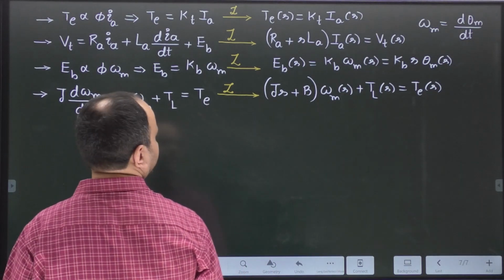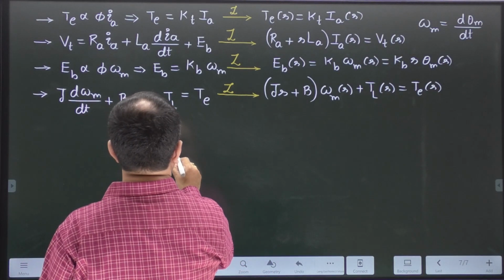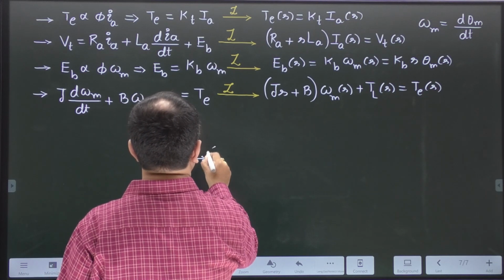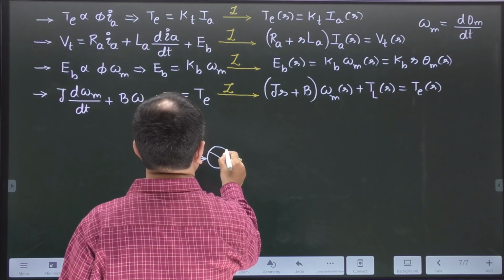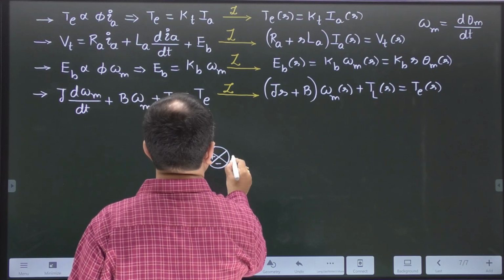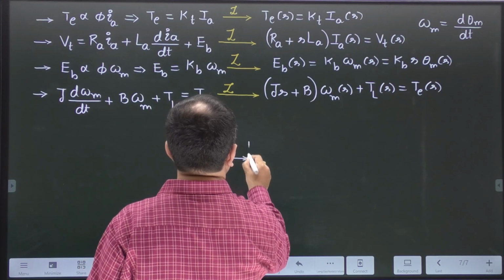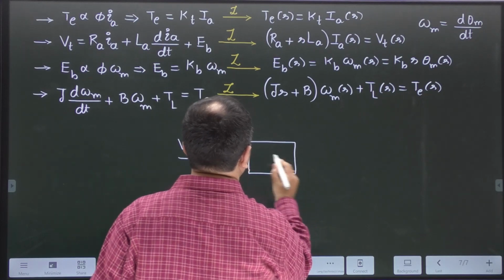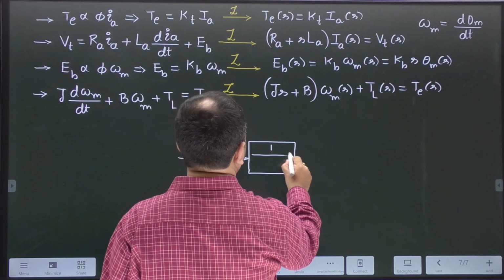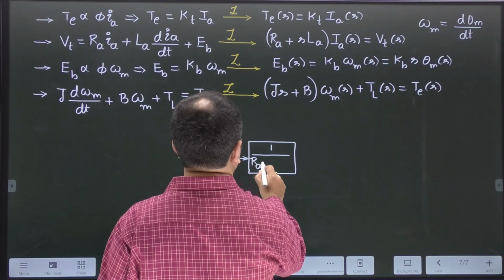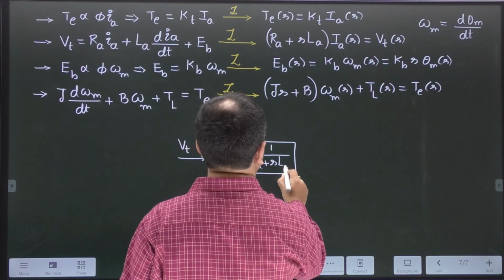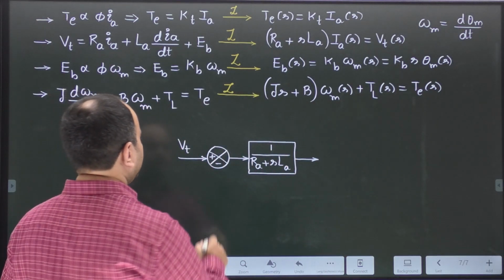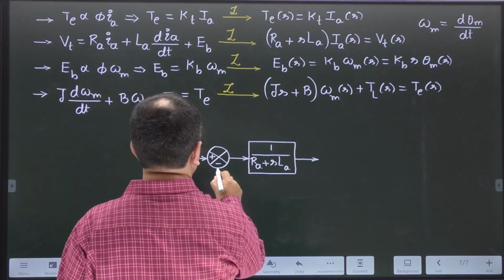Say for example, here this is VT, the terminal voltage, then 1 by (RA plus S LA), and another point here is EB.